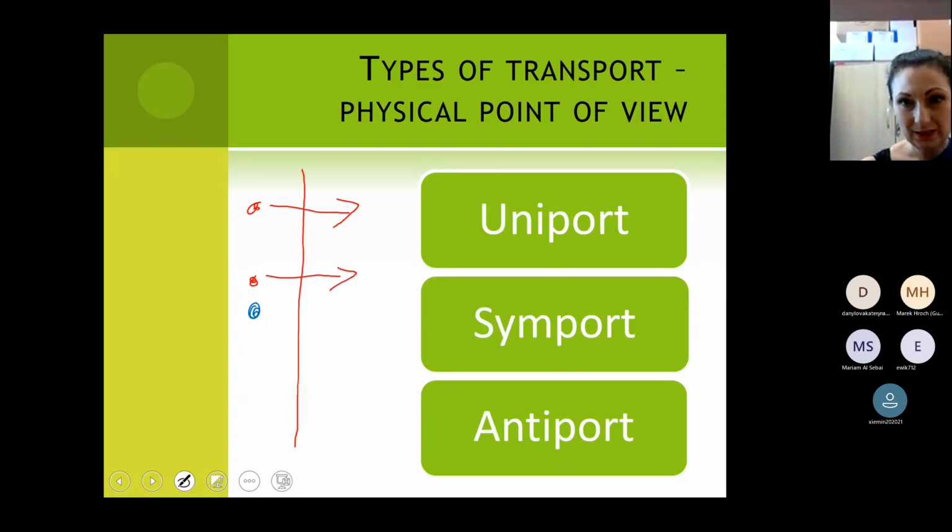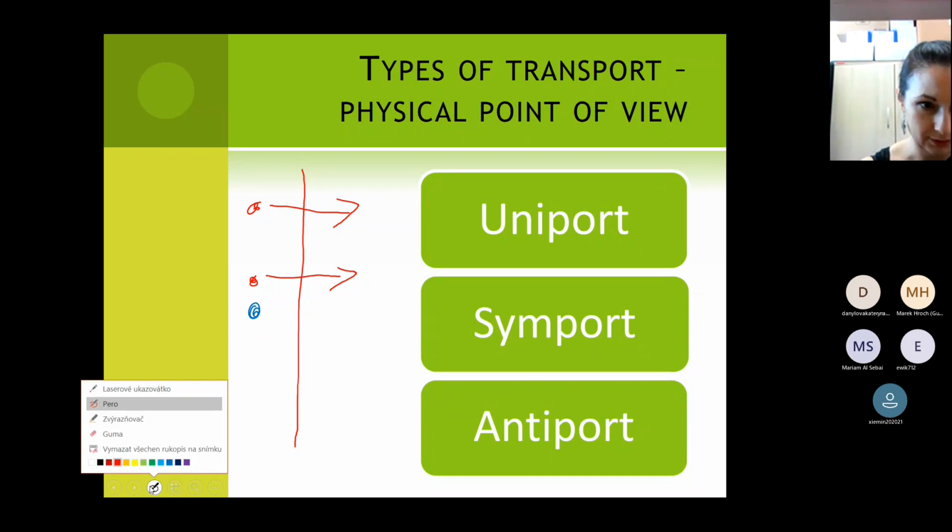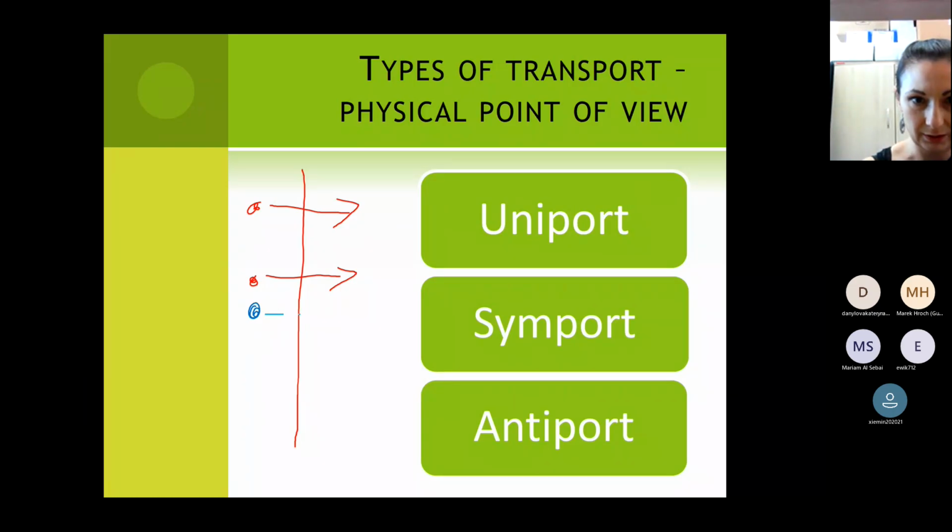So it means that they are supported somehow. So the blue one supports the transport of the red one, for example, or the red one supports the other transport. So this is the second case. I think you can imagine quite easily.